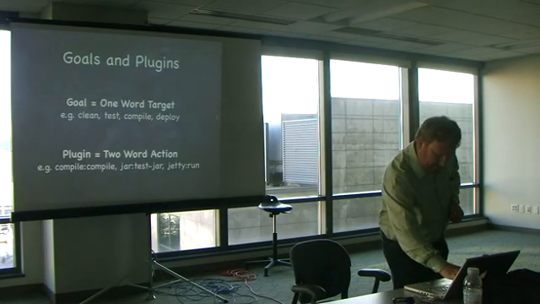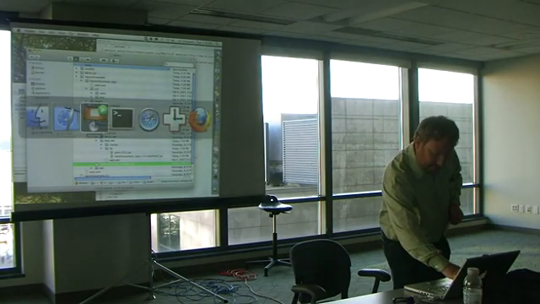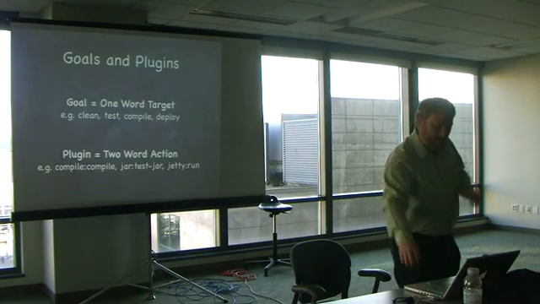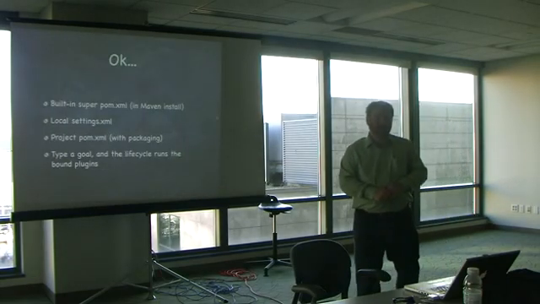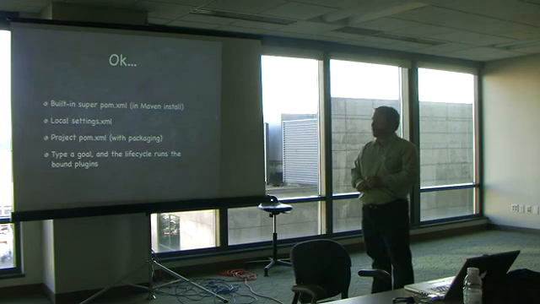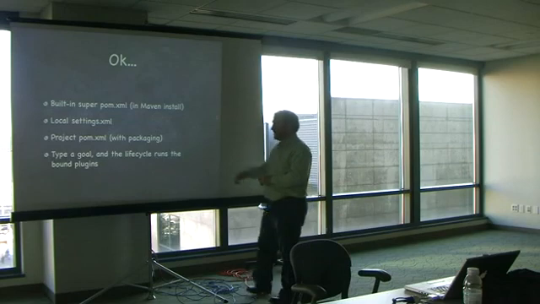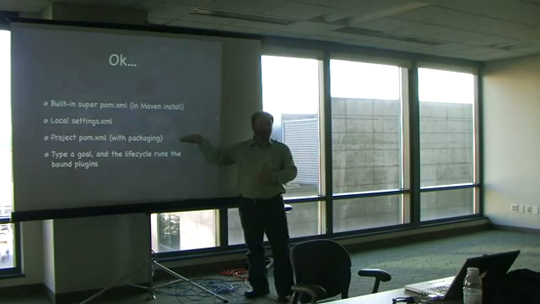Okay, so goals and plugins, right? How do you configure all this stuff? Mostly what we've been looking at is the project POM file. So where the heck did it say that compiler compile was bound to compile? Where did it define that?